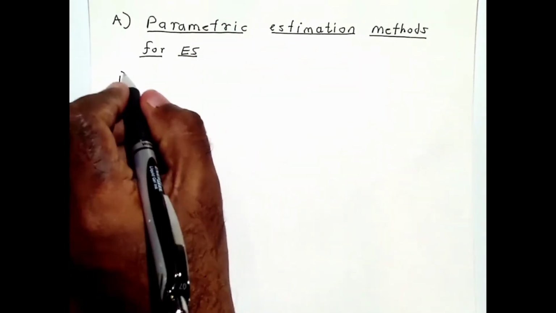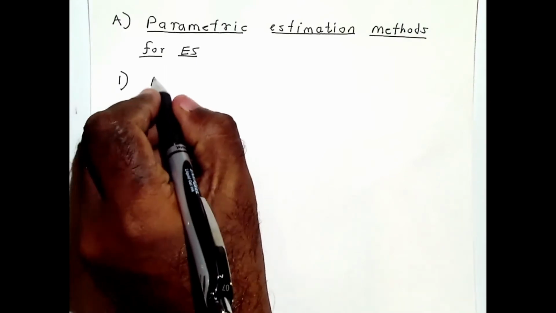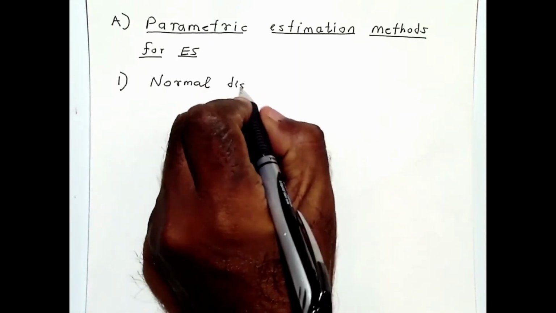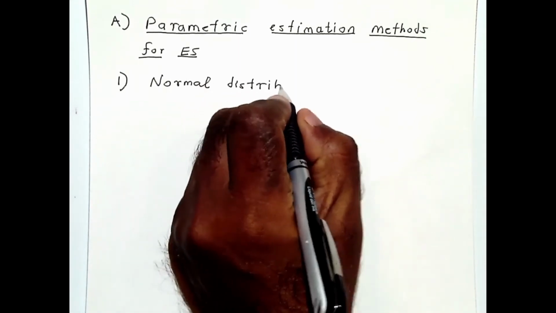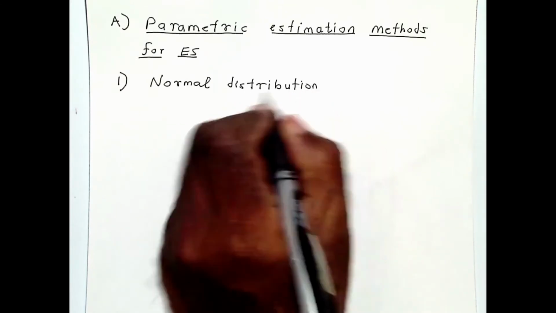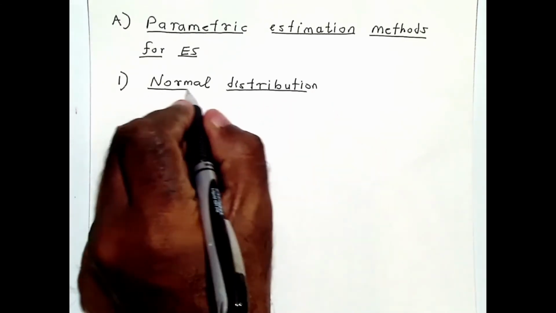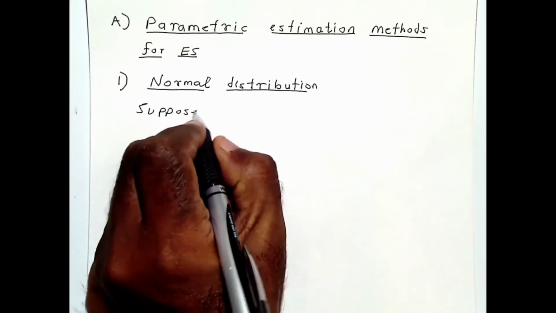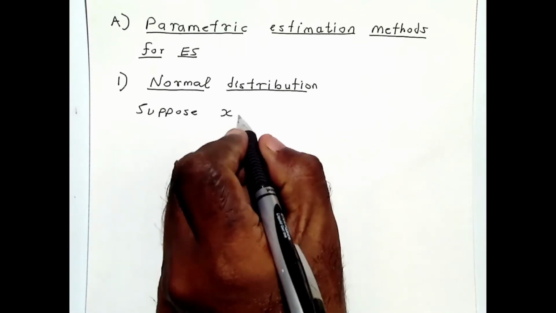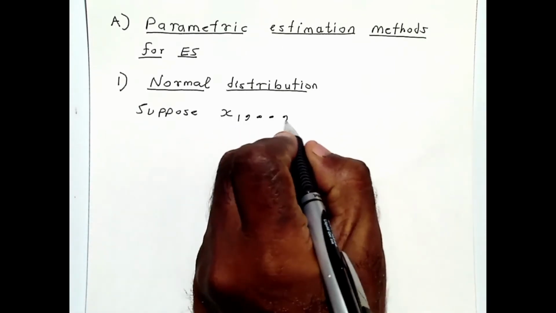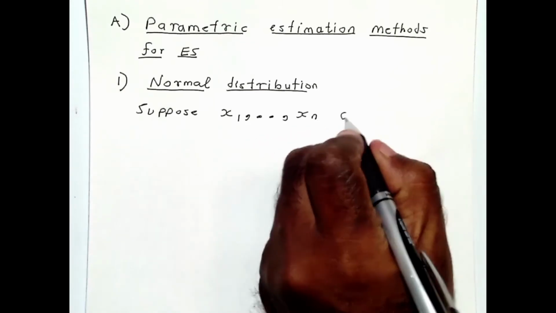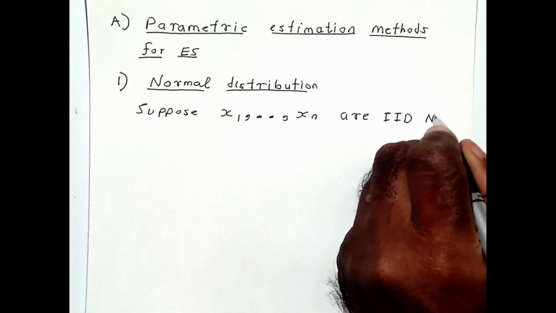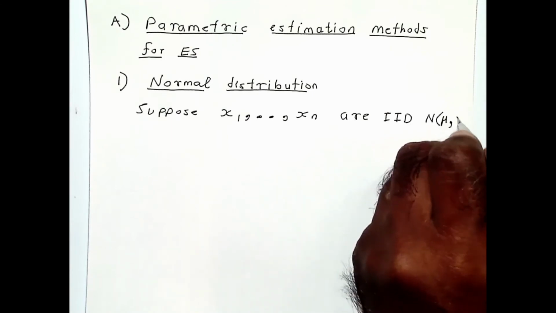Alright, the first method, as before, is based on the normal distribution. So I shall assume that the losses, say, x1 to xn are IID from a normal distribution with parameters mu and sigma squared.